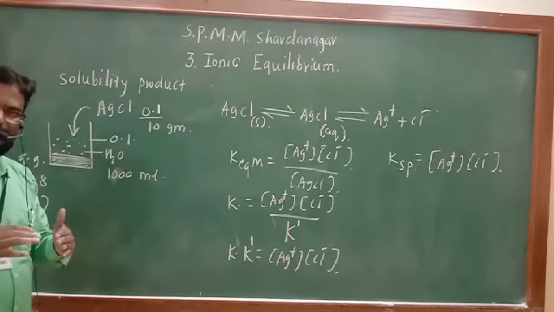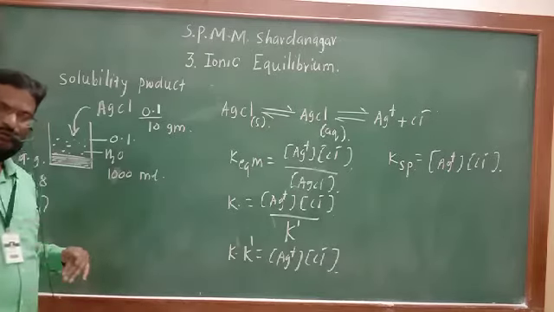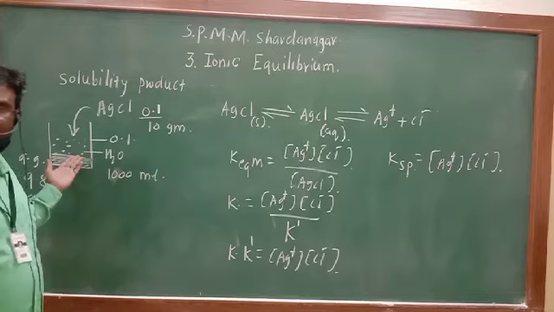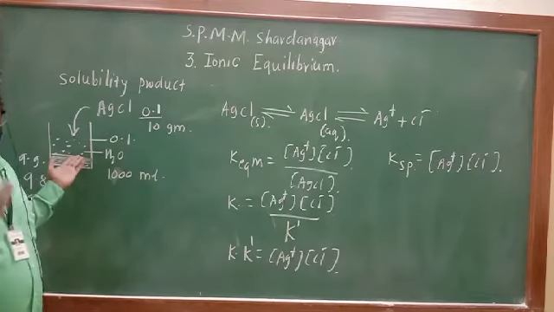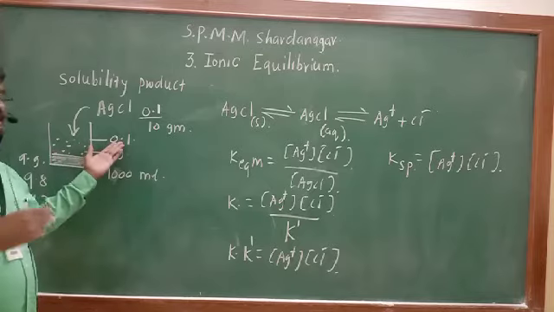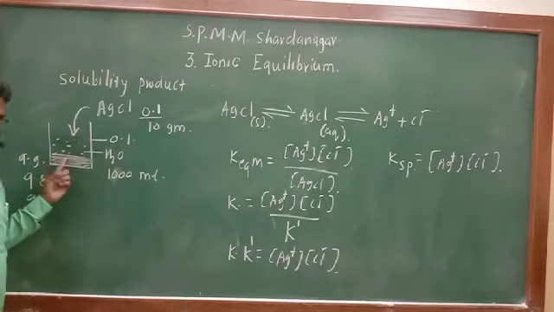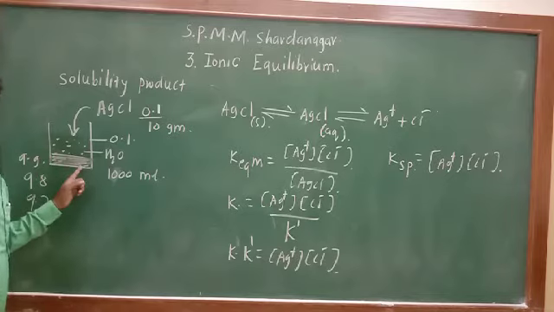If we take less than 0.1, is this a saturated solution or an unsaturated solution? Unsaturated solution. Here we have taken more than 0.1. So what is that? Precipitation. Precipitation takes place at the bottom.